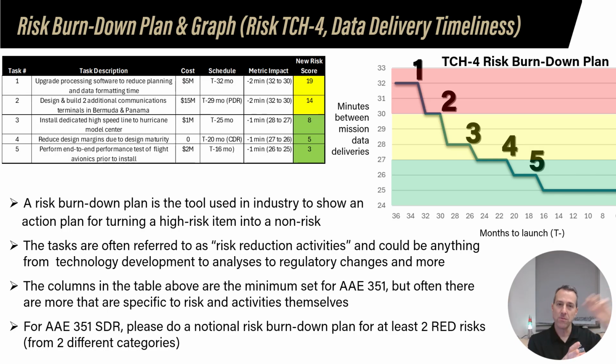And so pick 2 of those from 2 different categories to do a burn down plan for. Have fun with that. I think this stuff is interesting. As you think deeply about what are those things you could actually do to deal with potential issues that might happen on your program as you develop it further into PDR, CDR, and build. Okay, so that is risk.